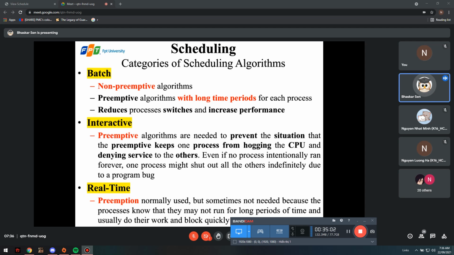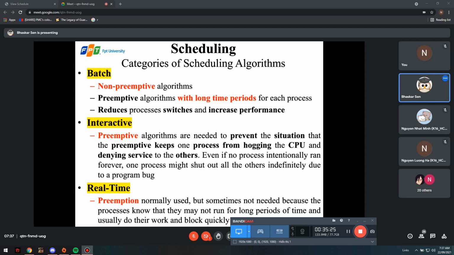The difference between interactive and real time categories is that, when it comes to the algorithms, of course, they're preemptive. But usually, for the real time, there must be a strict deadline for the time of execution. Okay, and that time is very critical.